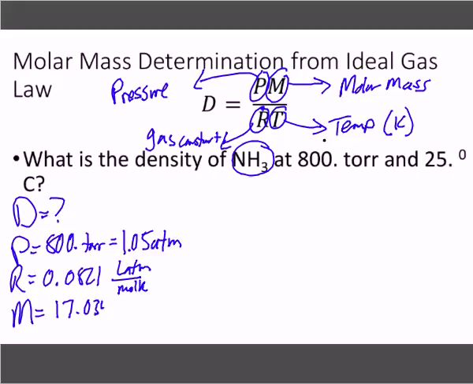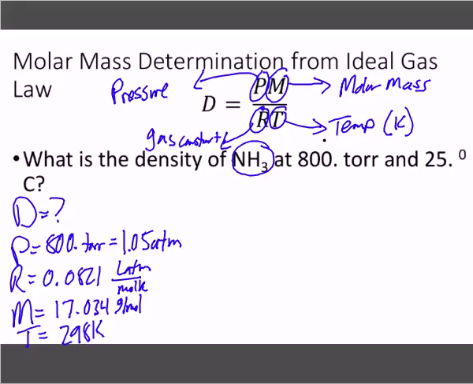I'm just all over the place here today. What's our unit there for molar mass, guys? Grams per mole. And then the last one here is temperature, which we are given. It's 25 degrees Celsius. What do we have to do to that? 298 Kelvin. Okay? So, folks, we have all four.